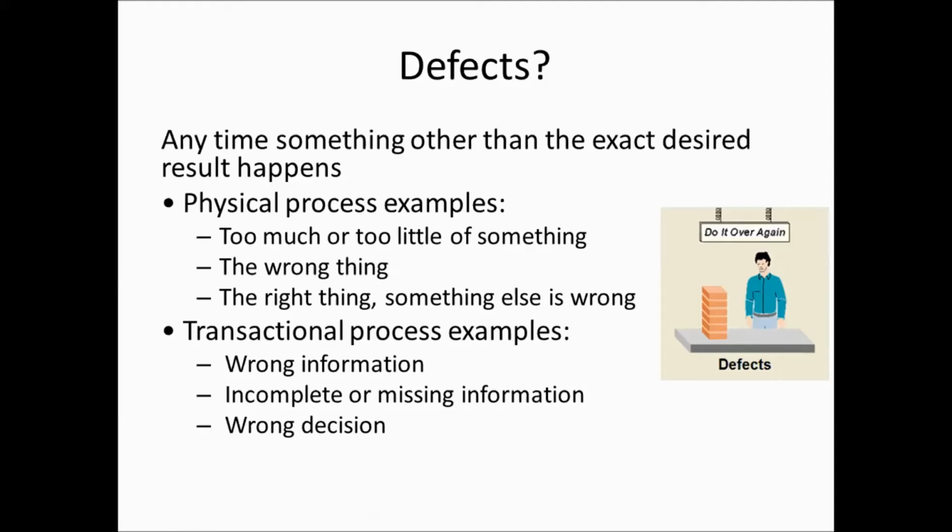It is a defect anytime something other than the exact desired result happened, like too much or too little of something being produced, or you produce something which is not needed, or in a wrong way, or it is the right thing but with some defects, like you give wrong or incomplete information, or take a wrong decision, like a wrong referral to the other specialty.